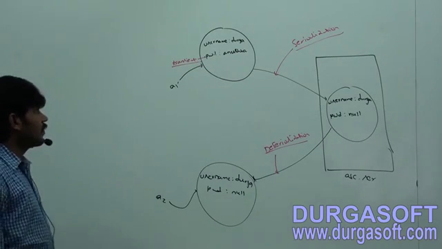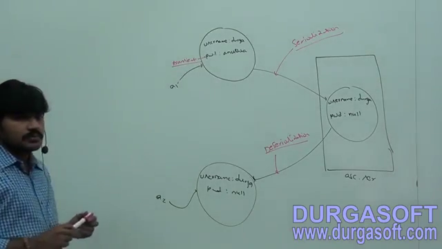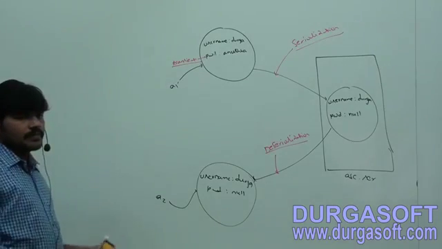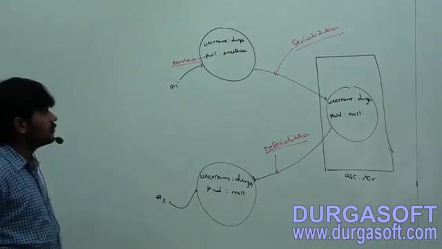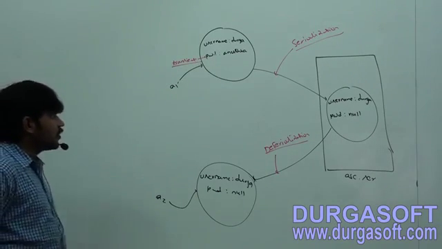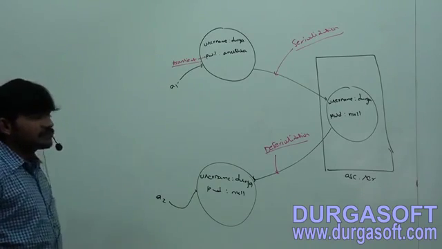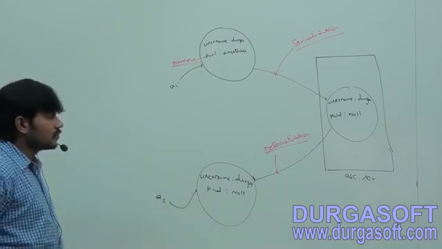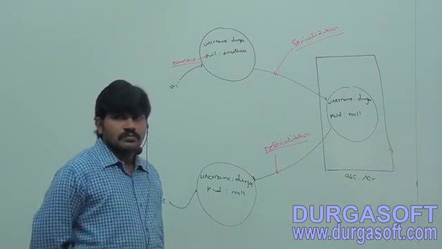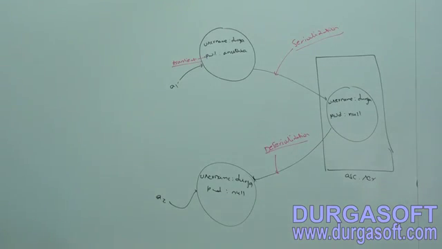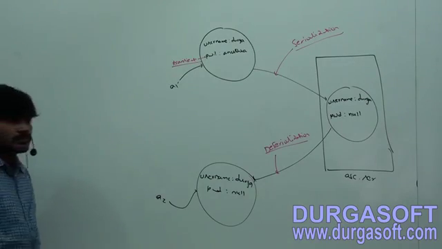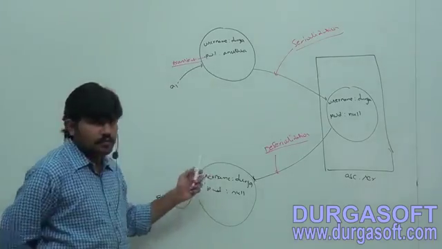Username Durga, transient password is equal to Anushka, like this.